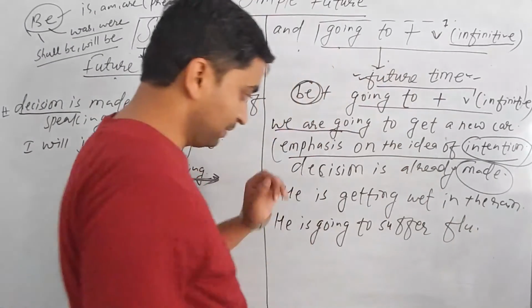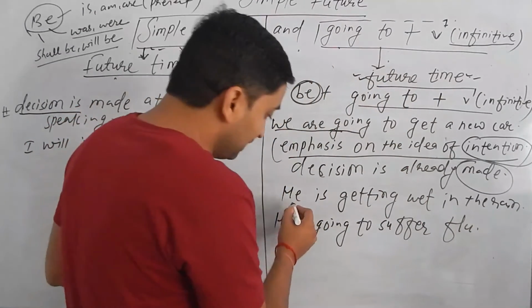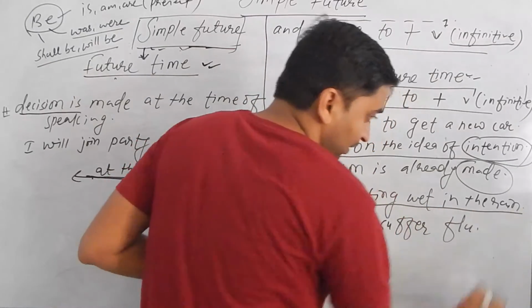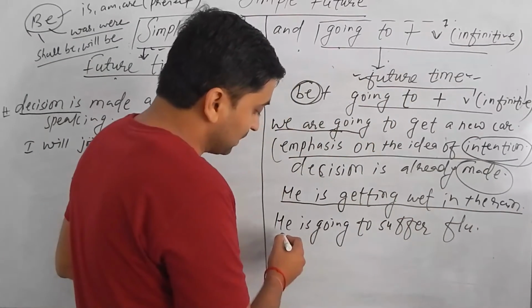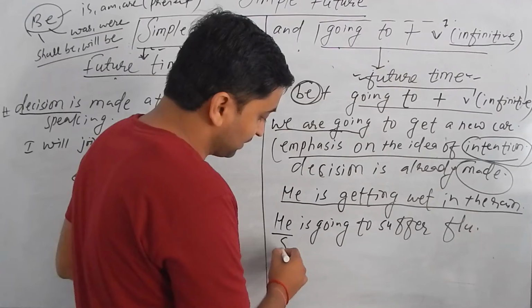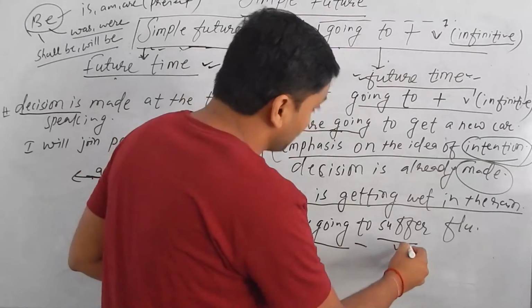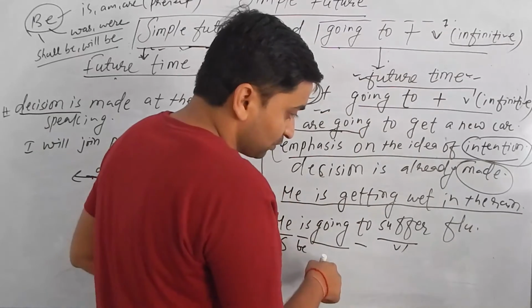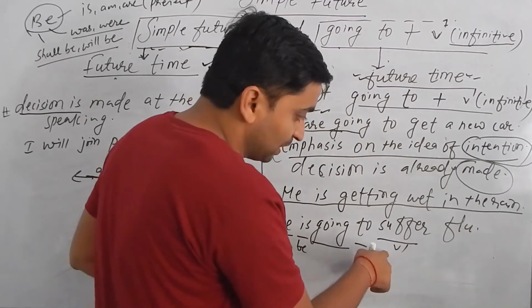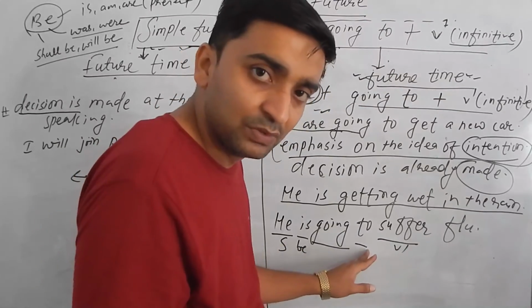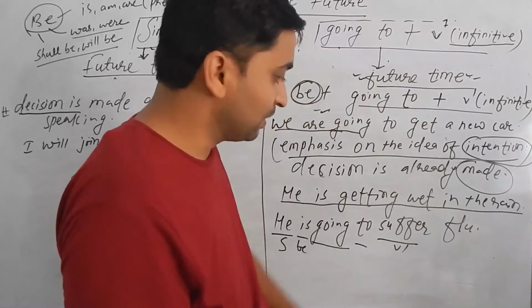So what I have written, the condition is what? He is getting wet in the rain. And here is what? Subject plus B plus going to plus B1. This structure is here. So again I have used going to plus B1. I haven't used simple future here. Why?